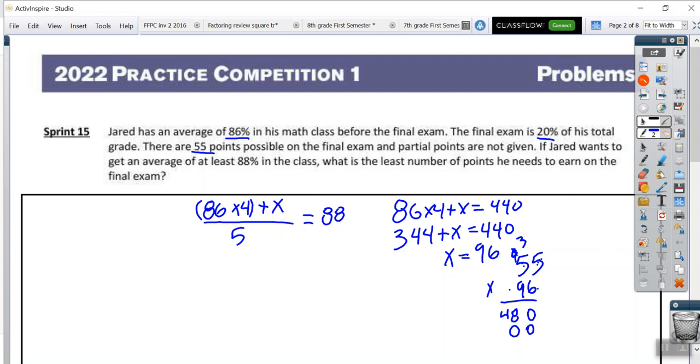Carry the 3. 5 times 9 is 45, right? So we get the 48 again, right?